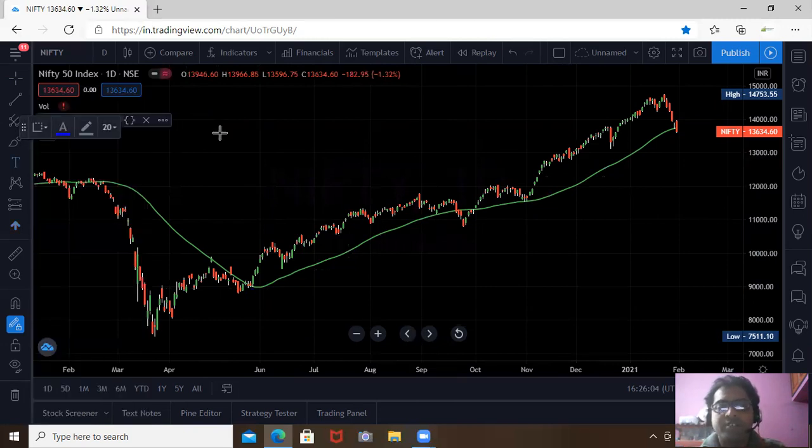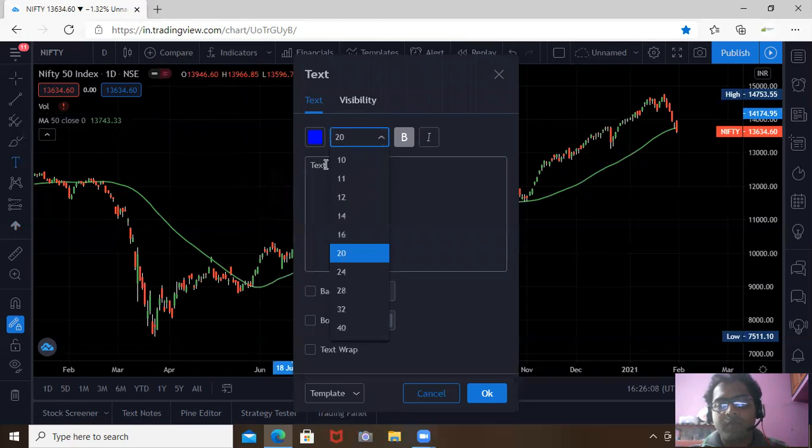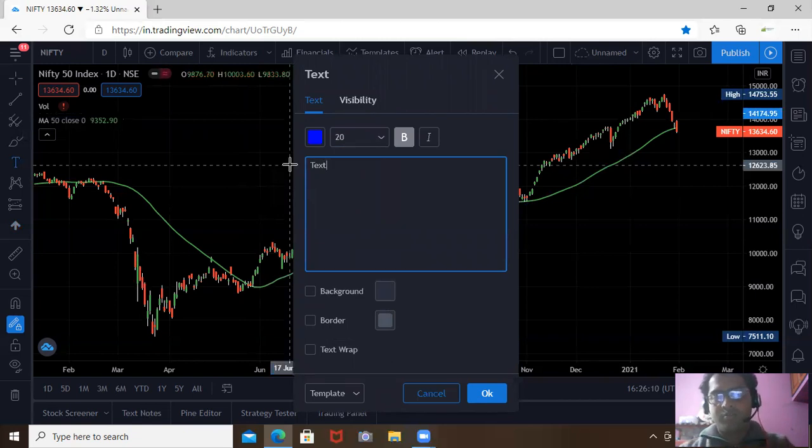So the thing is that if price is above the moving average, the view is bullish.